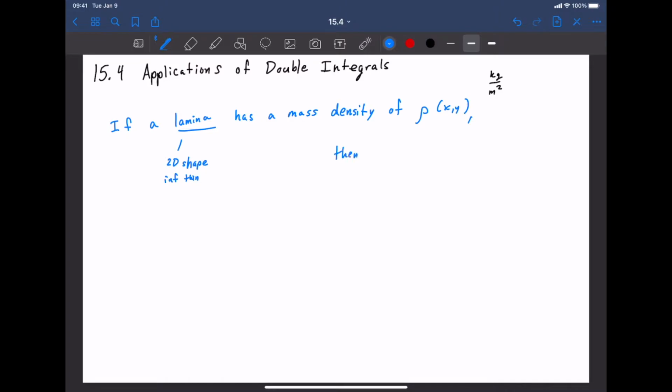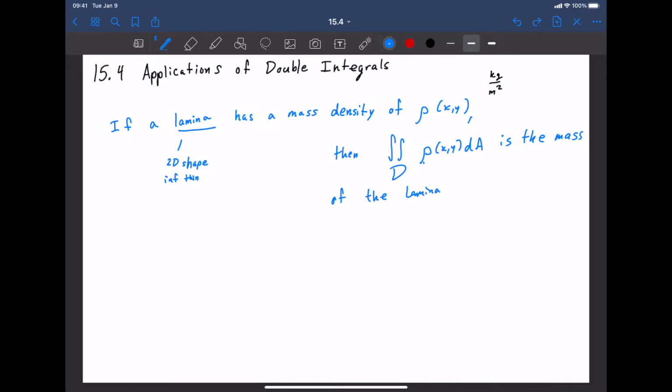Then this double integral over the lamina, where D is the lamina, of rho(x, y) times dA, is the mass of the lamina.